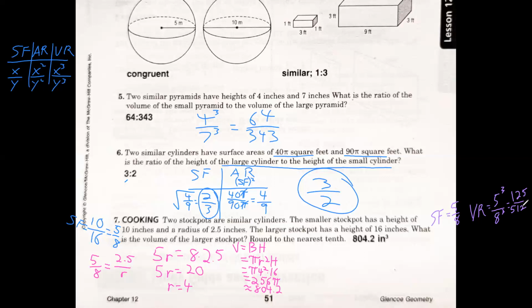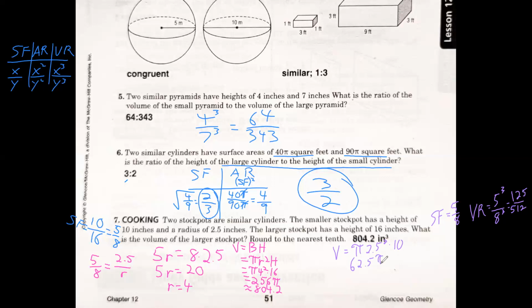We have the 2 dimensions for our small crock pot. So if I do the volume of the small one now, same formula that I used to do the big one before. So again, I'm not finding that missing radius this time. The radius of the small one was 2.5. The height of the small one was 10. 2.5 squared is 6.25. 6.25 times 10 is 62.5.